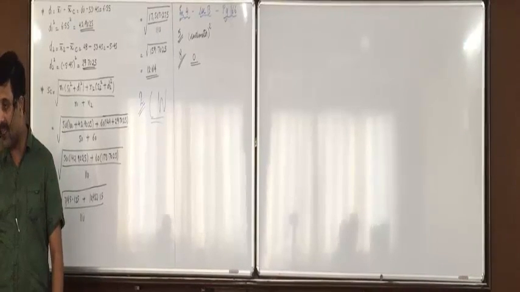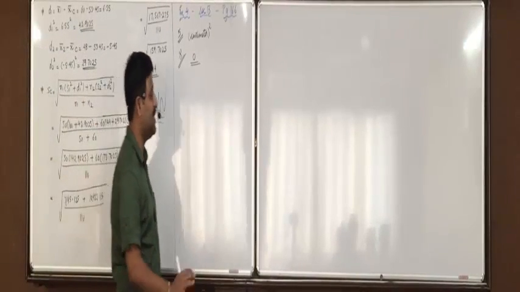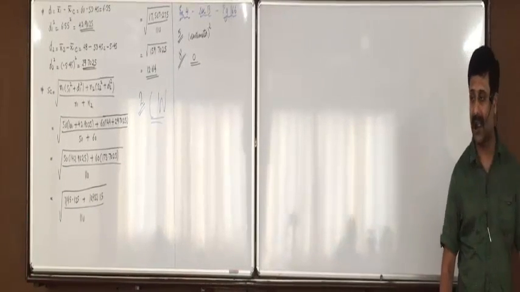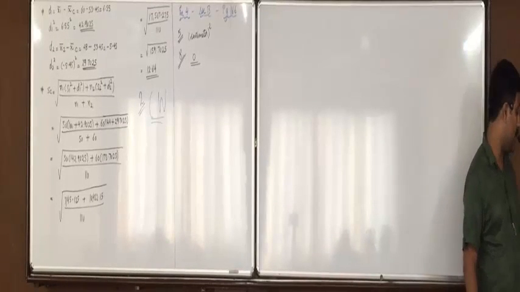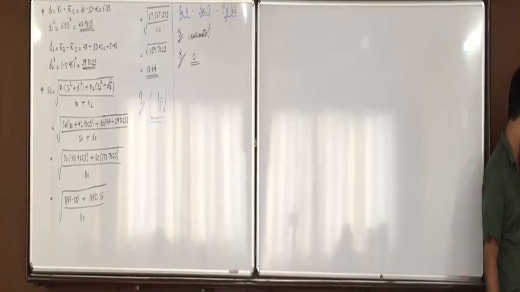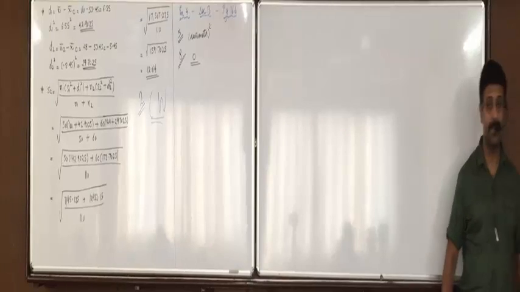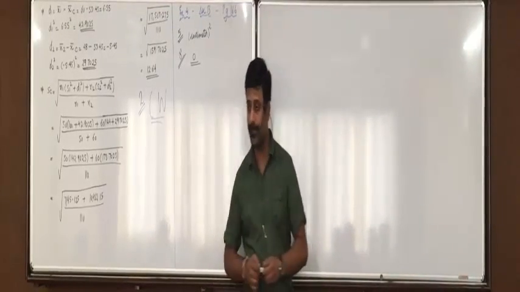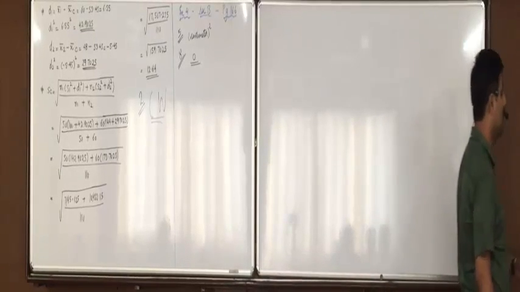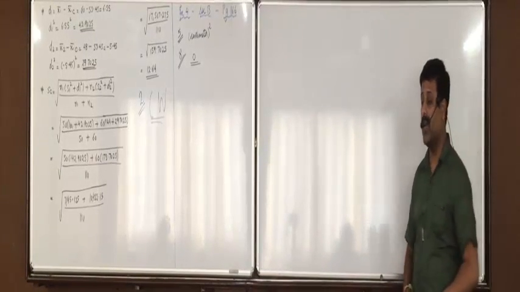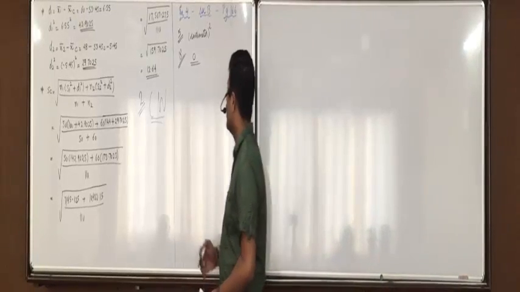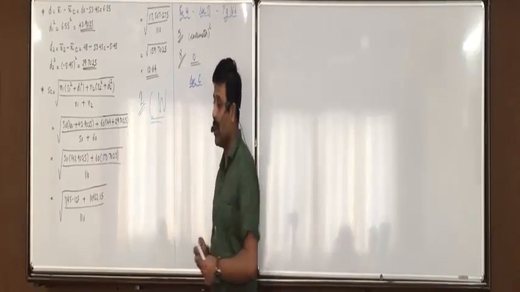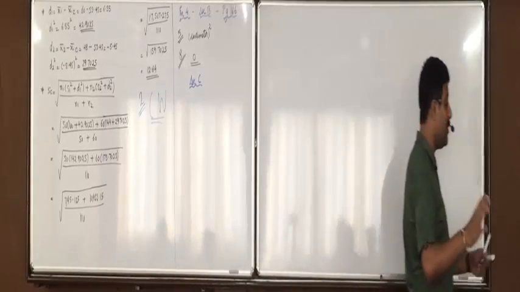Note 1: If all the observations are the same, then any measure of dispersion will be 0. Okay? Any measure of dispersion will be 0.